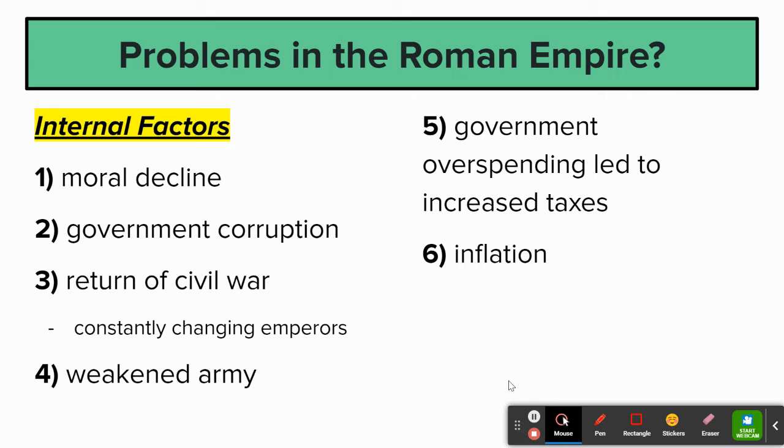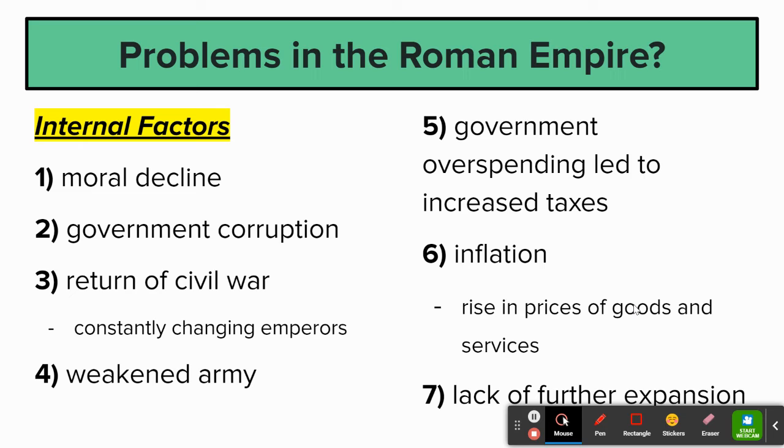For example, between the years 218 and 293 CE, we see the price of grain multiply by 16. So, for example, if grain was $1 in the year 100, it rose to $16, as an example. That's a great increase in the price of goods.